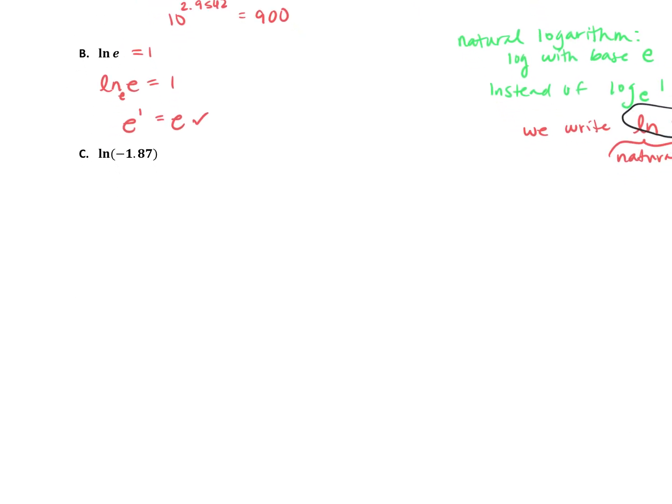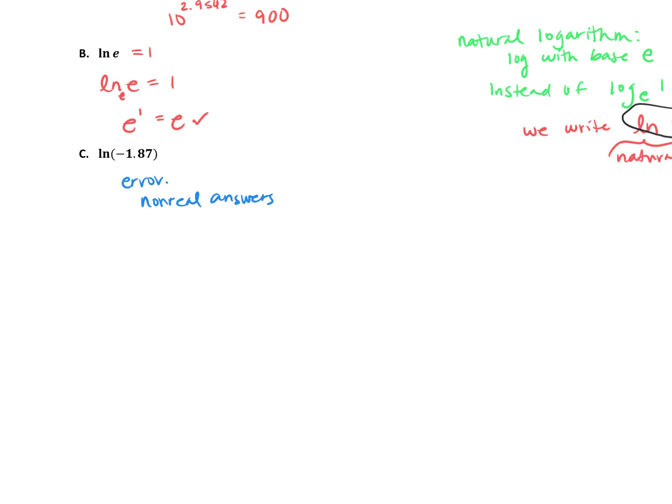All right, why don't you guys type this into your calculator? Natural log of negative 1.87. When you type that in, you're going to get an error message, and your calculator might even say non-real answers as the reason.